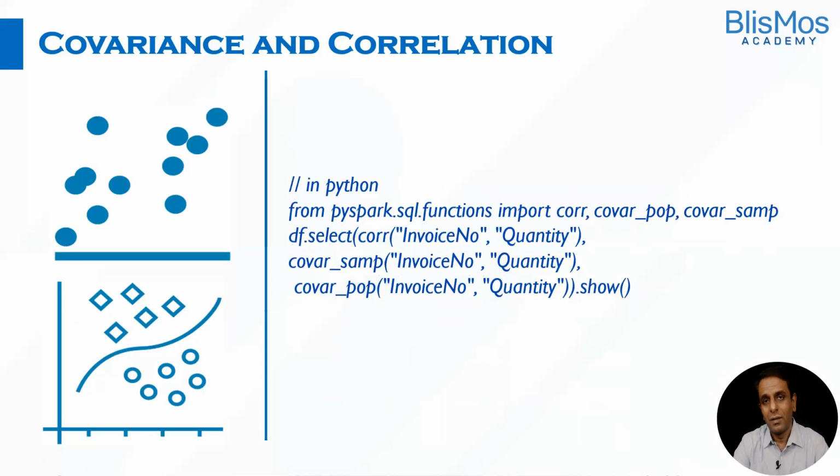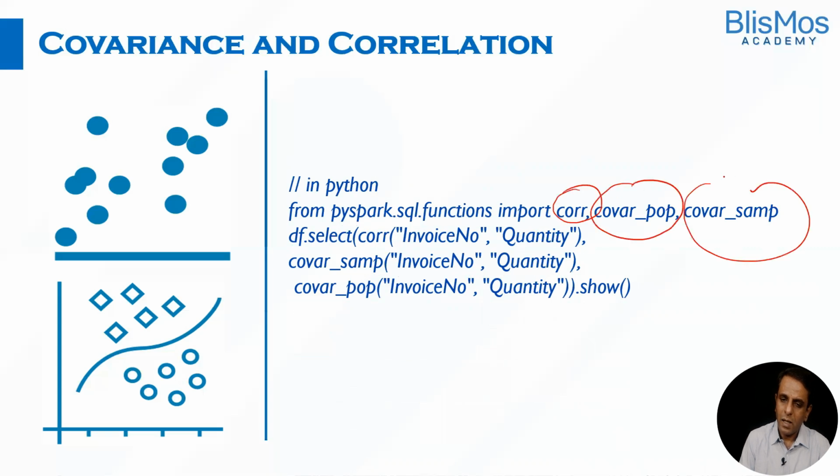How do we use them to measure covariance and correlation? Again, you import these functions from the SQL.functions package. Select the names of the columns on which you want to compute correlation and covariance, and specify the function.